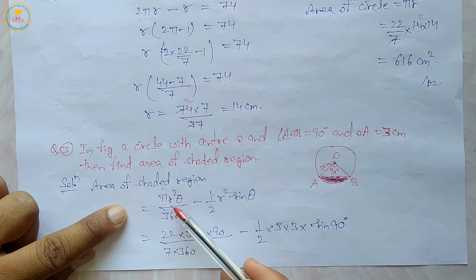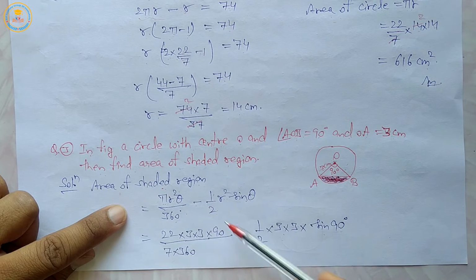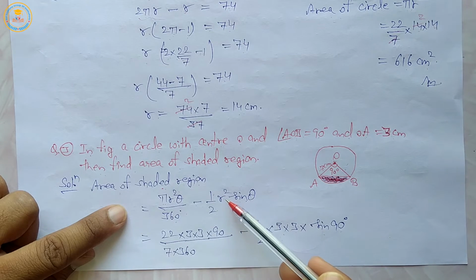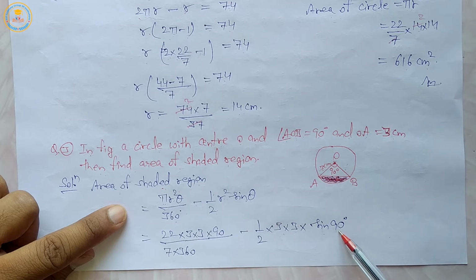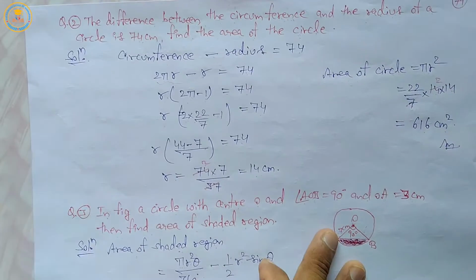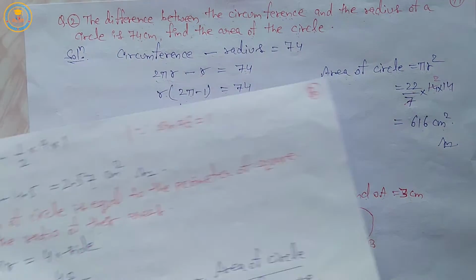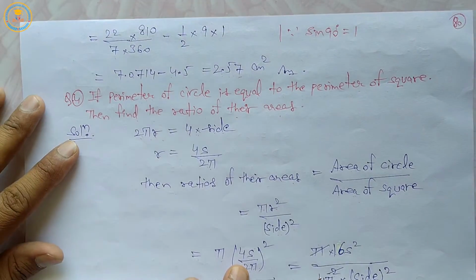Pi is 22 upon 7, r is given as 3 centimeters, so 3 multiply by 3, theta is given as 90 degrees divided by 360, as it is, minus half, as it is, r square means 3 multiply by 3, sin theta means sin 90 degrees.